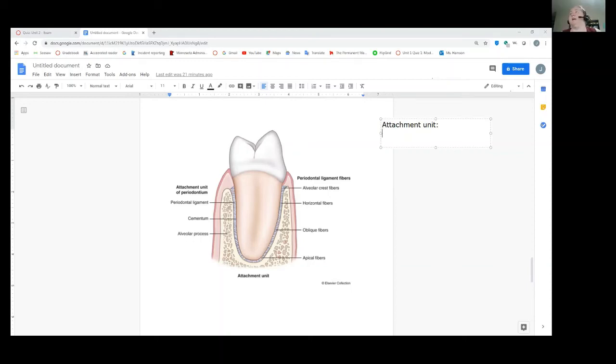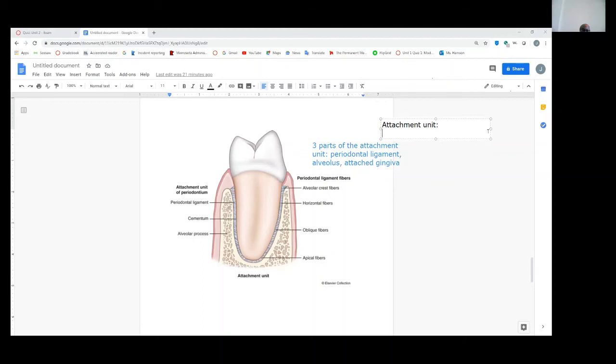And then Maddie, if you could identify the bone, and Jessica, if you could just highlight the different fibers. What do you mean by highlight the different fibers? Like the names of them? Yep. Okay.